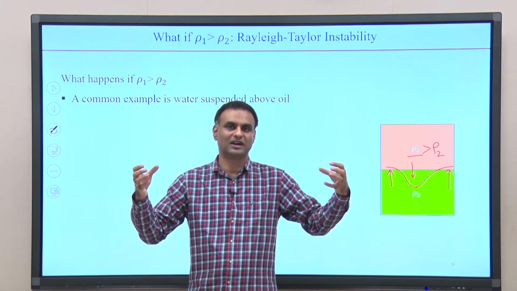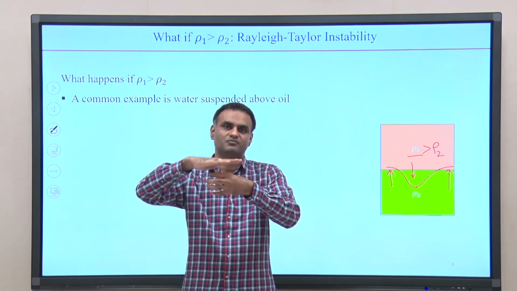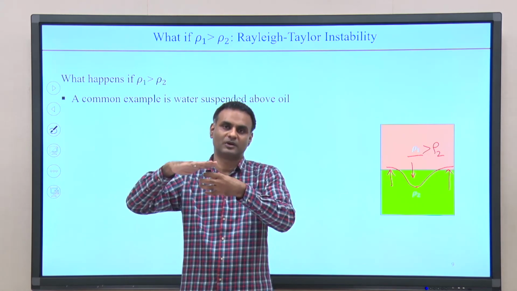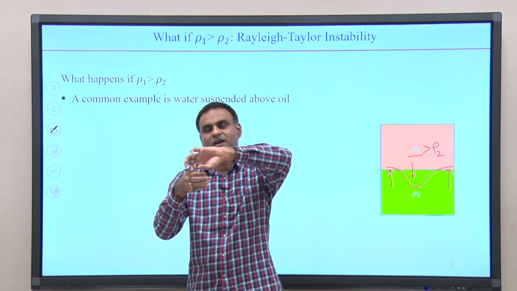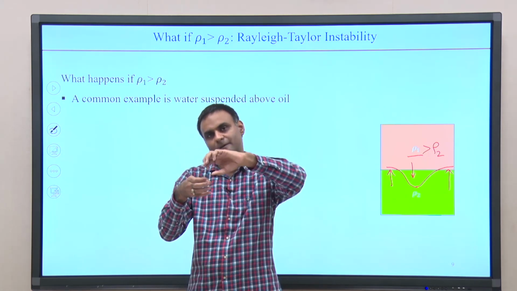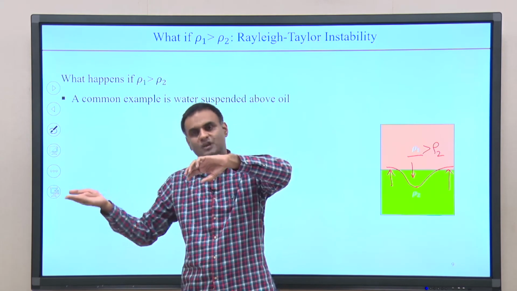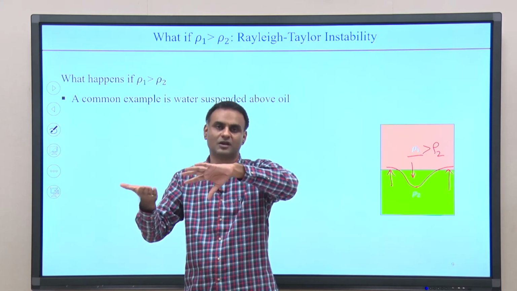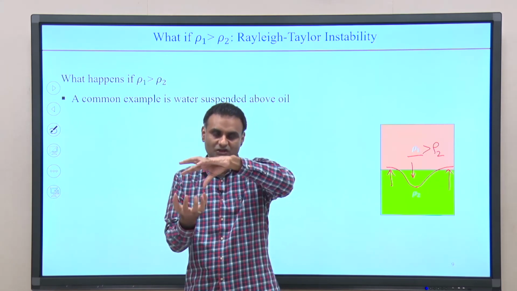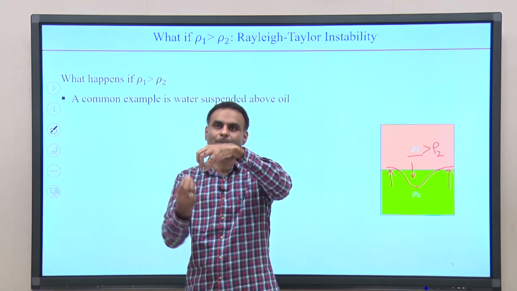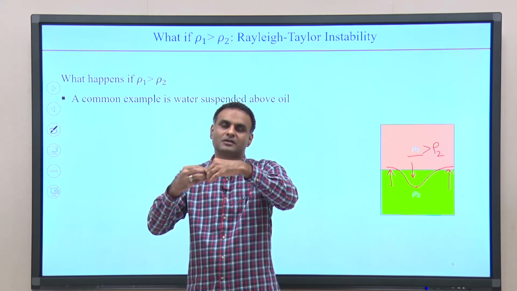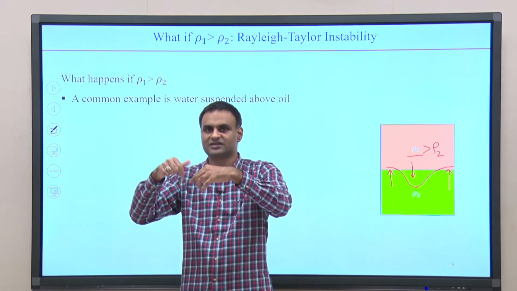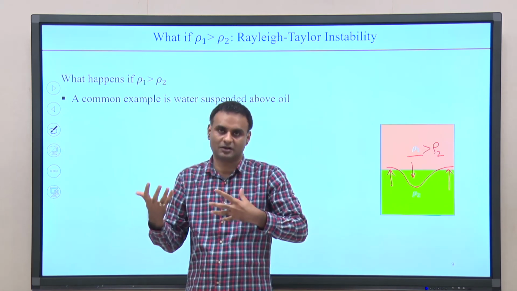You can fill both the glasses, put a solid or plain surface or a paper on the top of the oil, turn up the water on it, and then slowly remove the separation, which is a paper or metal sheet or whatever you have, and you will see that if the fluids are immiscible, then the oil will start coming up and the water will start coming down, because water is heavier than the oil.